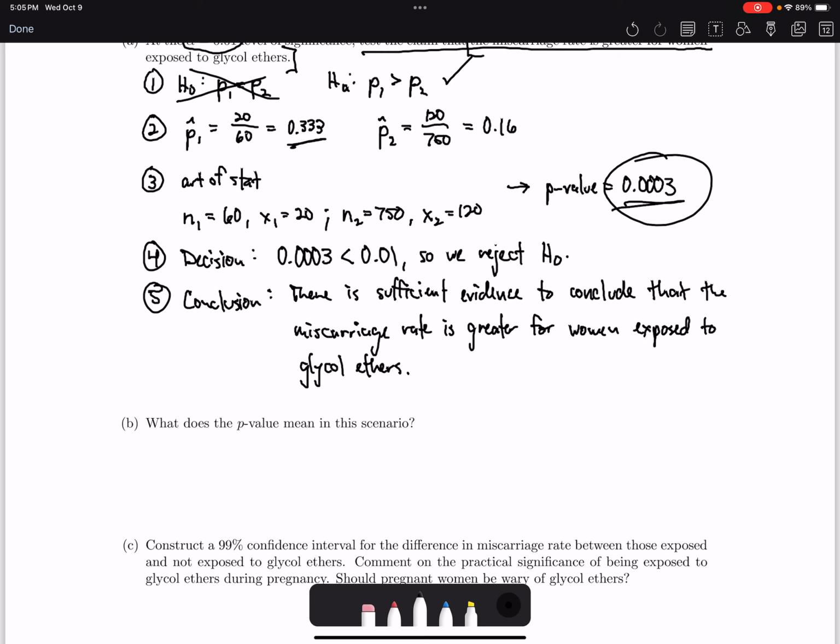So what does the p-value mean? We would say, if we assume that p1 equals p2, right?